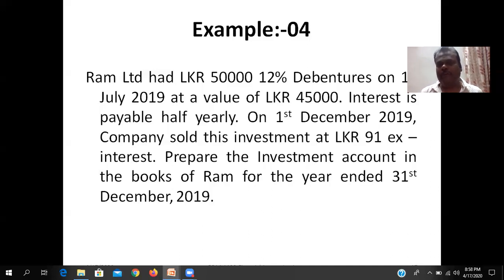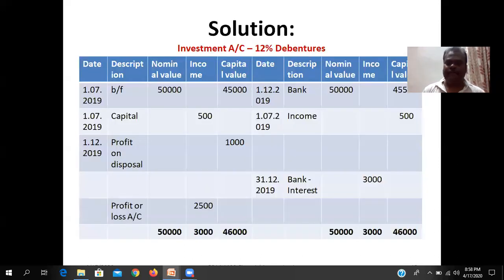So first of all, because on 1st July 2019 RAM Limited had the opening balance, we will make the entry. What is that? On the debit side, on 1st July 2019, balance brought forward, opening balance, nominal value 50,000, capital value 45,000, that is given.